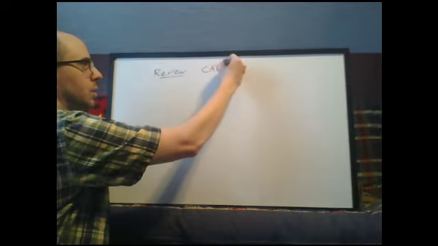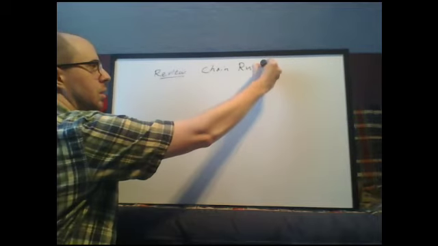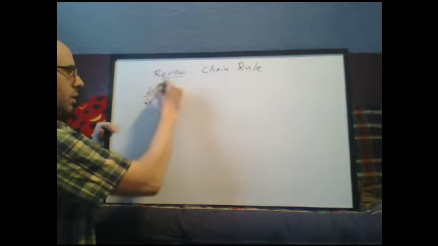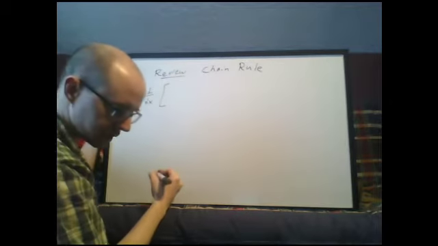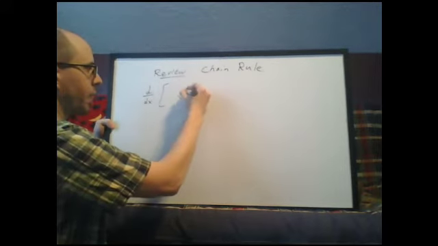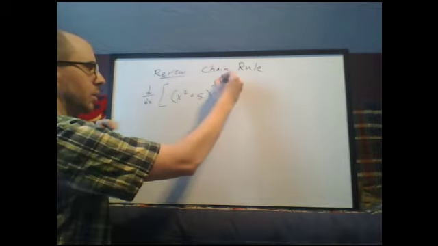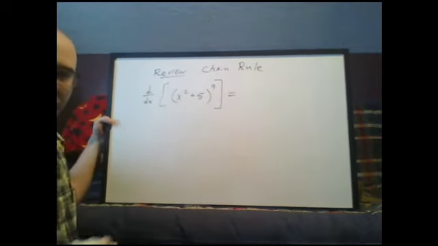So before we say exactly what that is, let's review the chain rule for derivatives. So this is just review. If I wanted to take the derivative of a function like x squared plus 5 to the 9th power, this is derivatives now, not integrals.